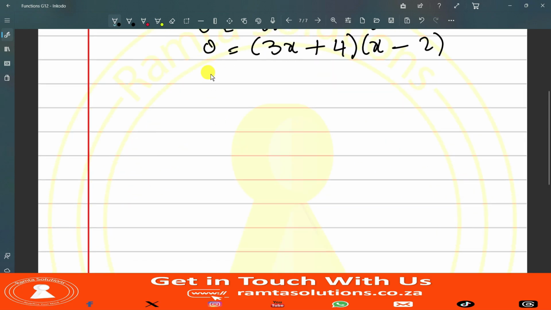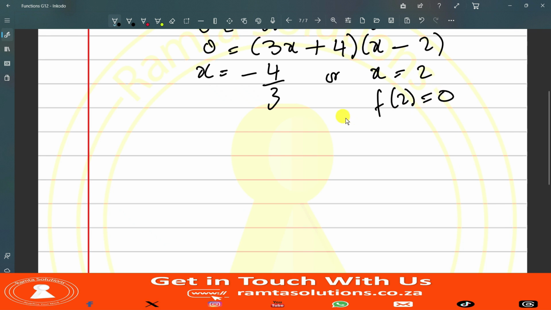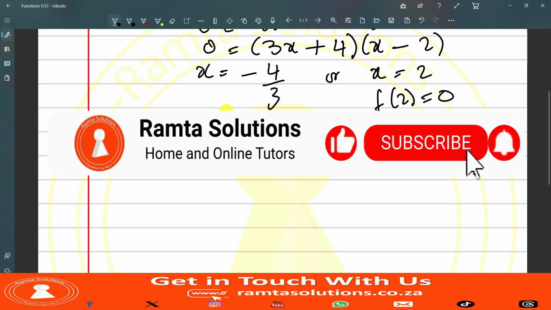Let's not waste time. Here we can see x equals negative 4 over 3, or x equals positive 2. We did find that f of 2 was 0, right? So now, on our calculators, let's confirm f of negative 4 over 3.